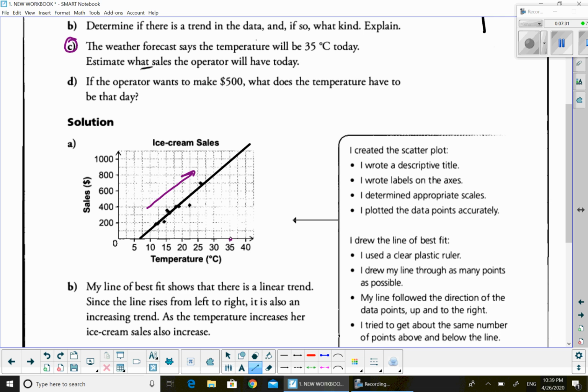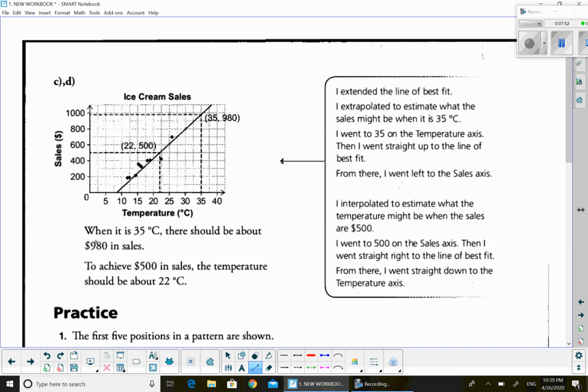So I'm taking my ruler, I'm going vertically to 35 degrees, and then I'm going horizontally over. And this is going to be my estimate on how much ice cream. So it looks like it's 900 and I don't know, 70, 80, let's say as an estimate. I think they estimated 980. So they estimated around 980 right here for 35 degrees. They went up and over, and they got 980.